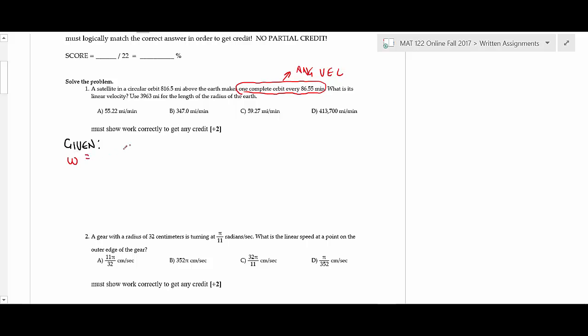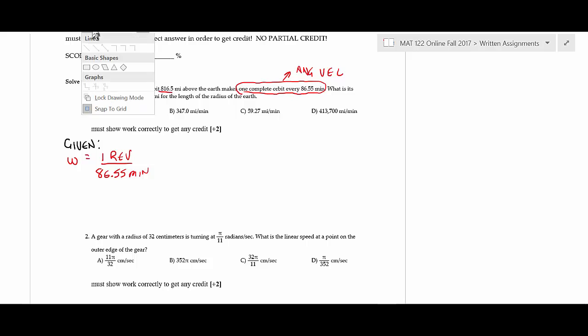An orbit is a revolution, so we're really saying one revolution per 86.55 minutes. That is a unit that we have for angular velocity. We're going to use this for the Earth: it's 816.5 miles above the Earth.